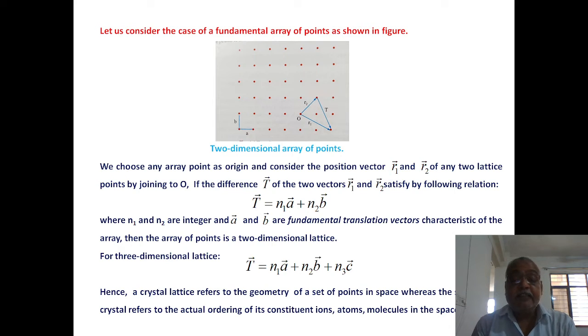Hence, a crystal lattice refers to the geometry of a set of points in space, whereas the structure of a crystal refers to the actual ordering of its constituent ions, atoms or molecules in space.